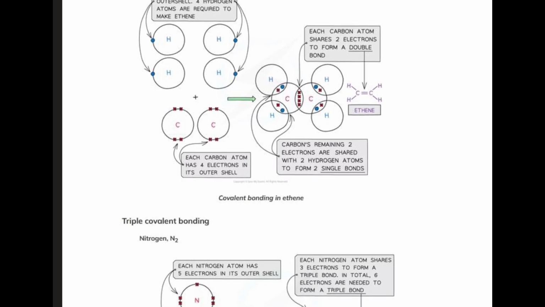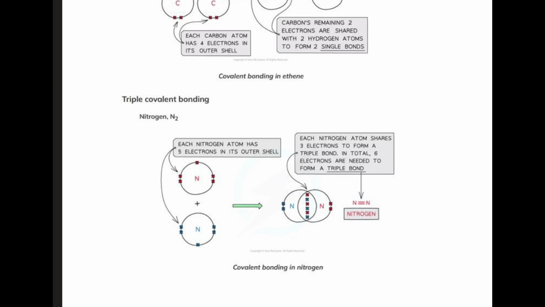Okay, then let's see triple covalent bond. For triple covalent bond, the idea is the atom itself lacks 3 electrons. So if they lack 3 electrons, then they will share 3 electrons with others to form triple bonds. As you can see here, nitrogen has 5 electrons, lacks 3 to become octet.